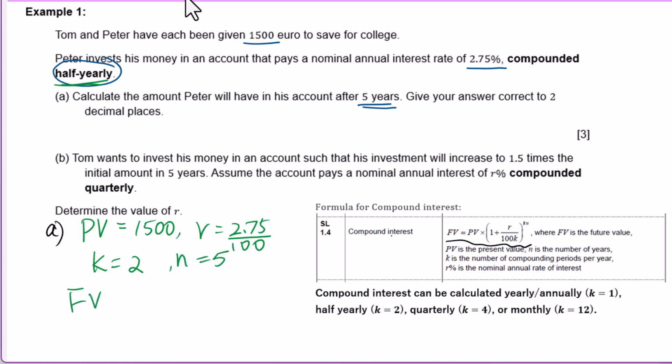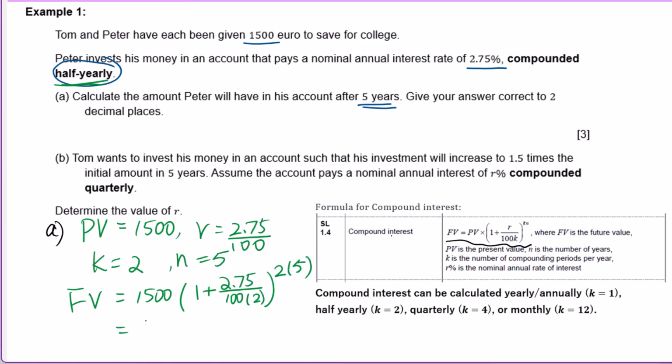So FV equals 1,500 times (1 plus 2.75 over 100 times 2) to the 2 times 5.